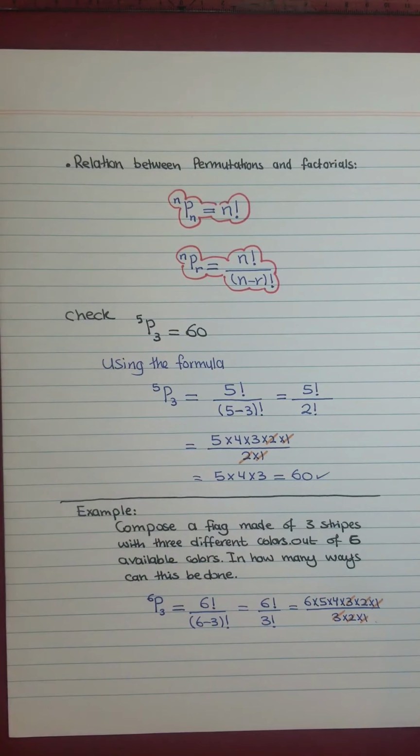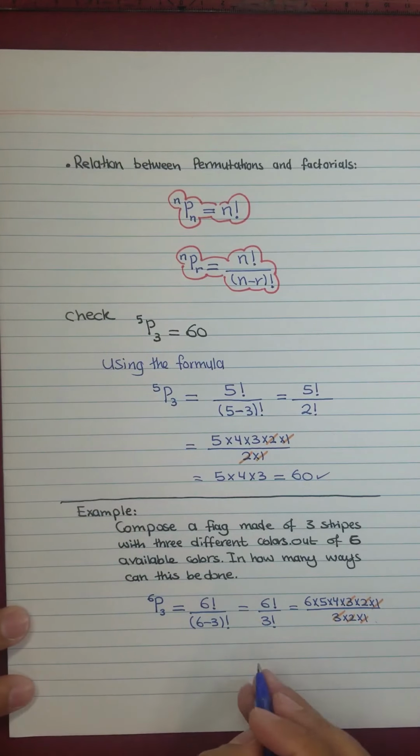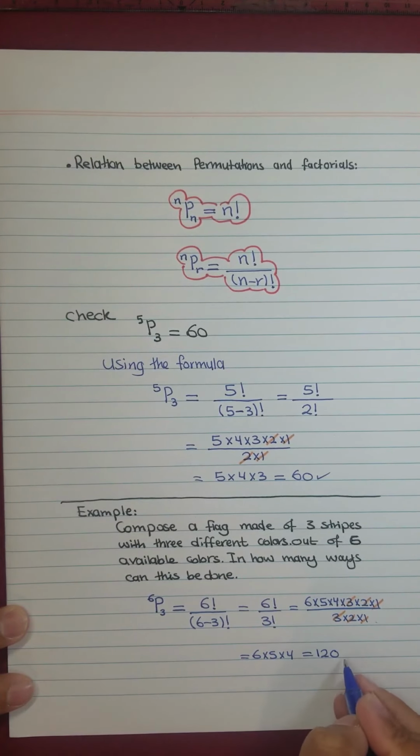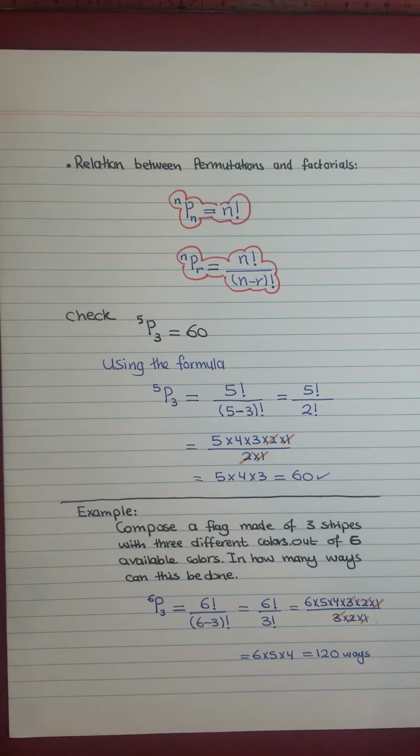So the answer would be 6 times 5 times 4. 6 times 5 is 30, and 30 times 4 is 120. So there are 120 different flags that we can make out of this problem.